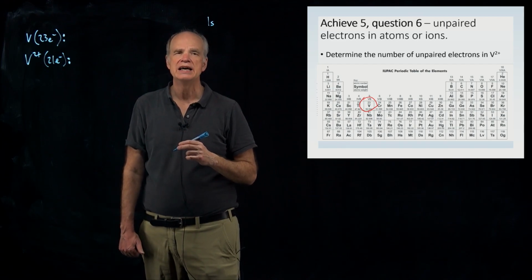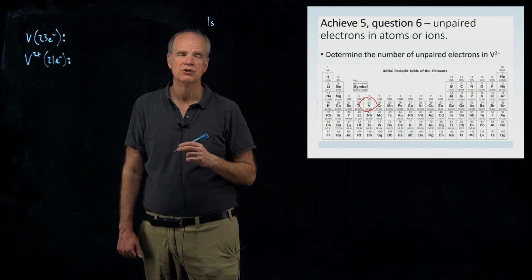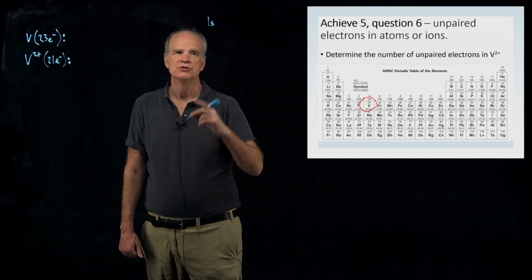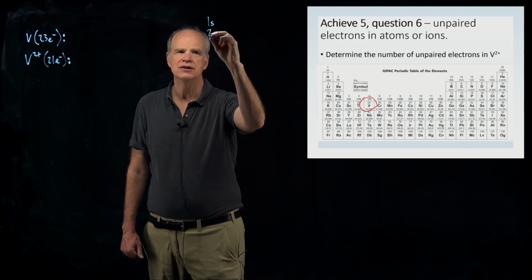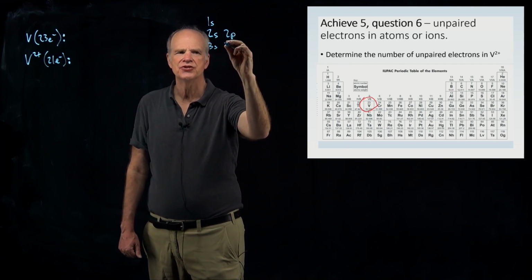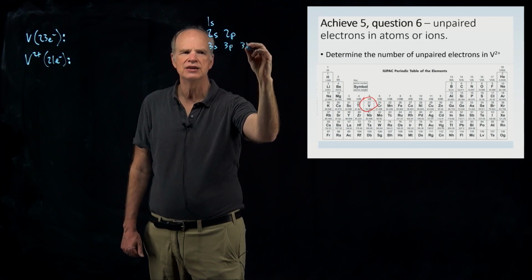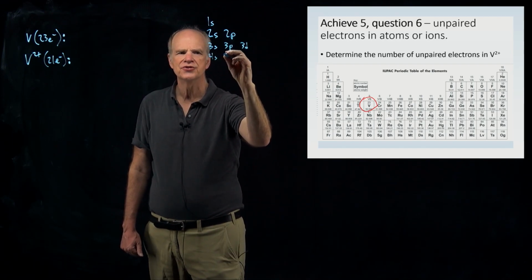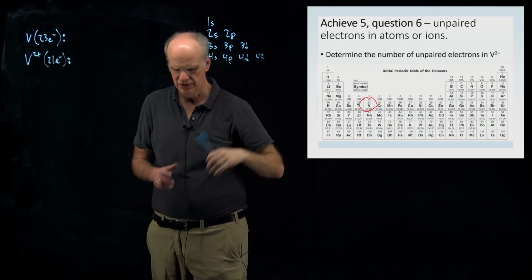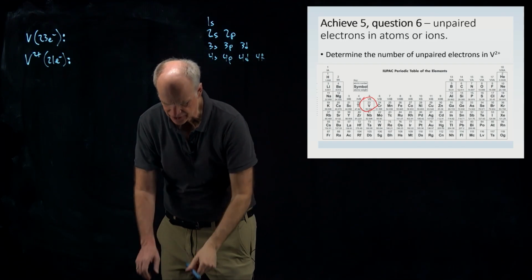This is a way of figuring out the order in which the electrons fill the orbitals in an atom. So you put 1s like that, and then you have 2s underneath, 2p, 3s, 3p, 3d, 4s, 4p, 4d, 4f, okay? And so then we draw diagonal lines like this.